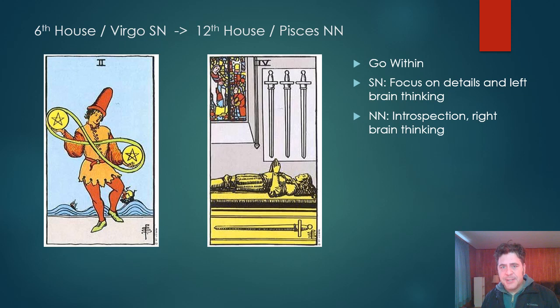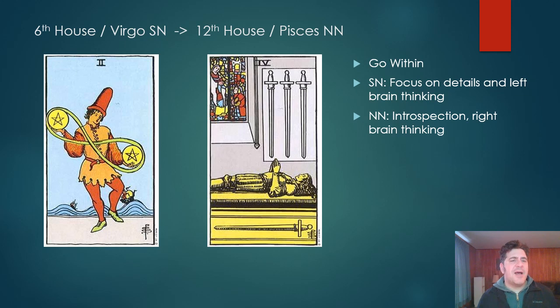You mix and match, because most likely the signs are going to be in a different house. So two of these slides will apply to you as we go through them. One applies to the house placement, the other applies to the sign placement.